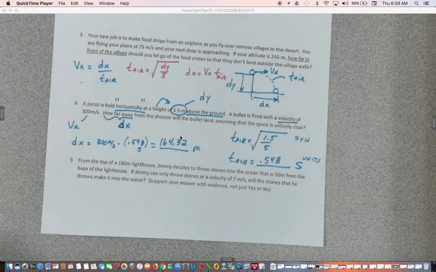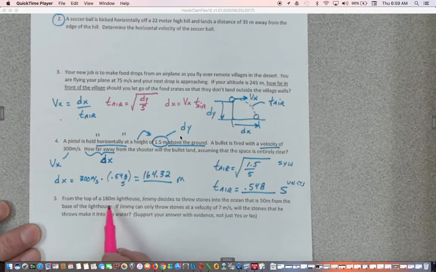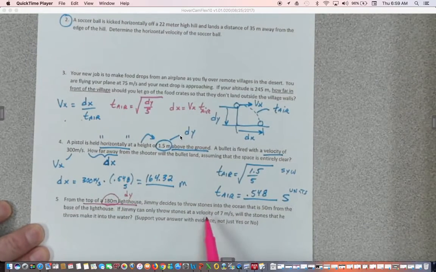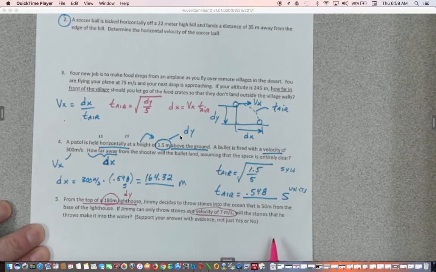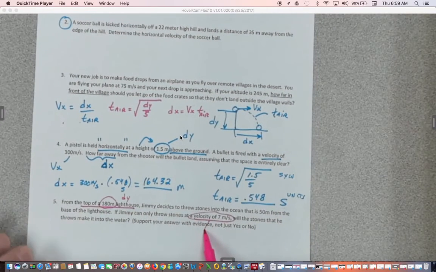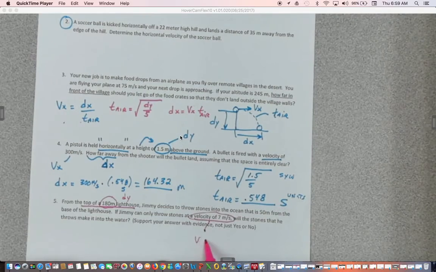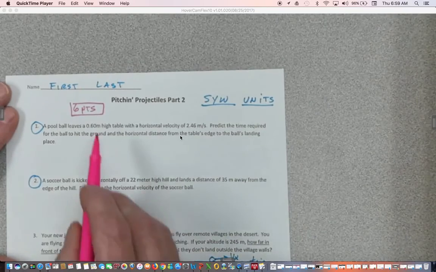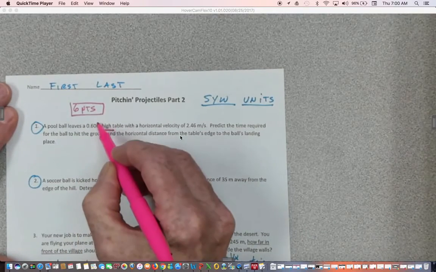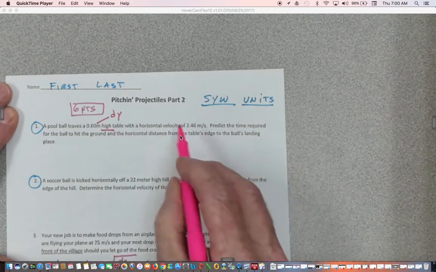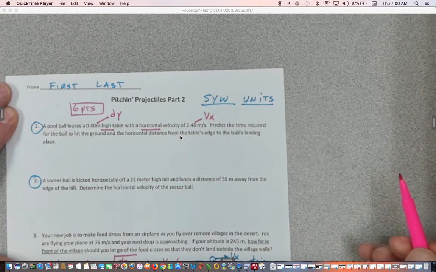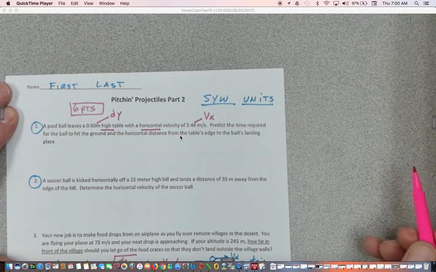For example, if I look at some of the other problems, in this one, from the top, clearly this must be your dy. This says velocity. That must be your Vx. If I go up to one of the problems you have to do, this says high, so that must be your dy. This says horizontal velocity, so that must be your Vx. Therefore, you could be looking for two things.